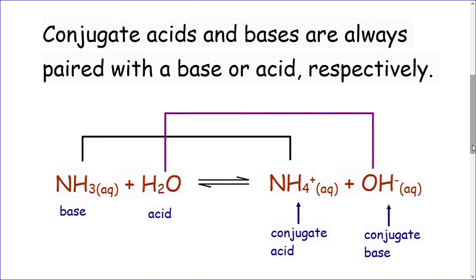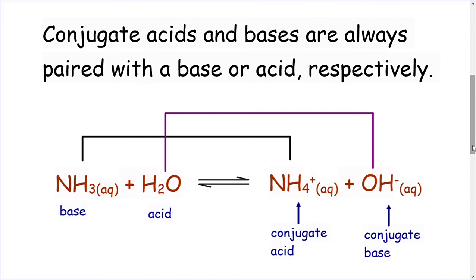It's the one that accepted that hydrogen ion. Whereas if I have my acid, H2O, then I know that it lost a hydrogen, so its conjugate base is going to be OH minus, that hydroxide. And so they're connected together. We have our acid and our base, and then it gives us the conjugate acid and the conjugate base.